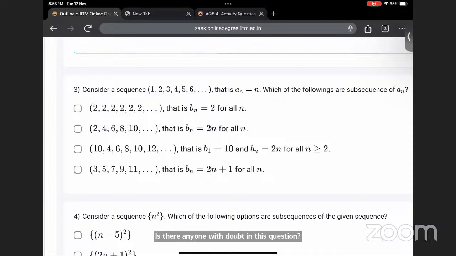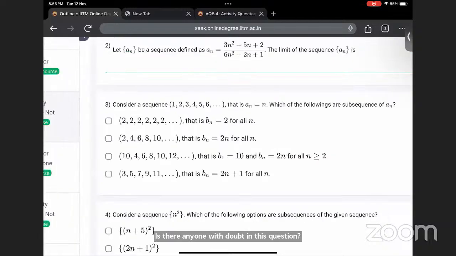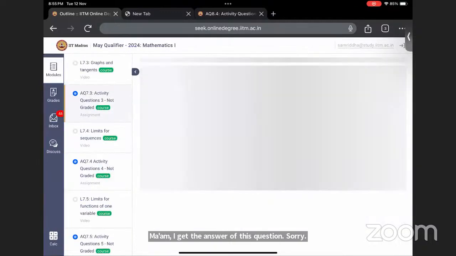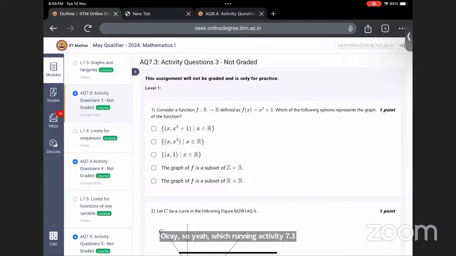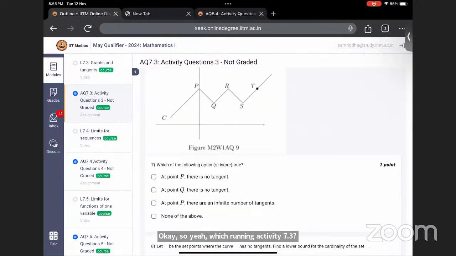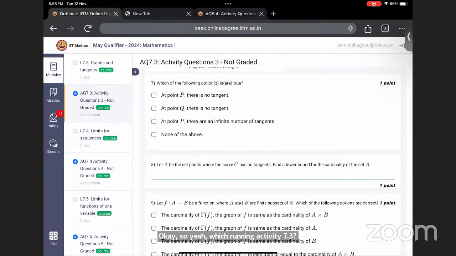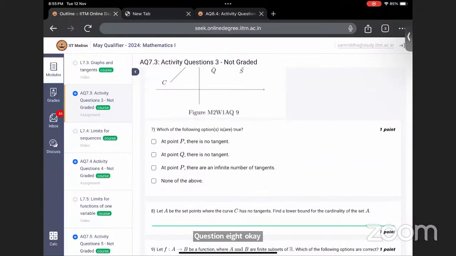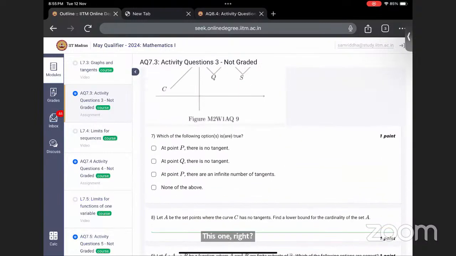Ma'am, I get the answer of this question. Okay, so which one in activity 7.3? Question 8. Okay, this one, right? Yes, ma'am.